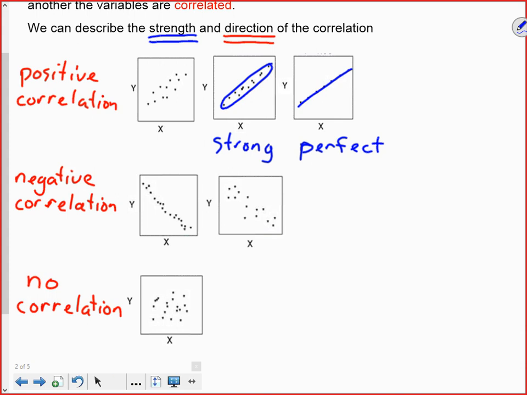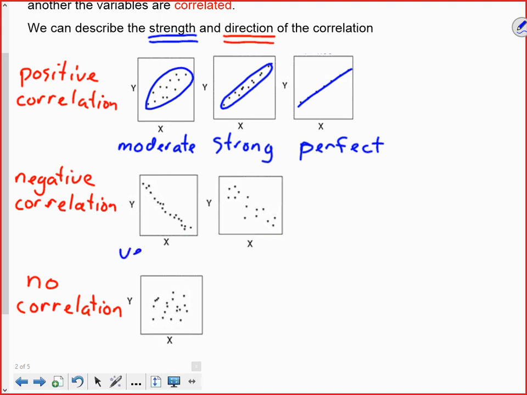Whereas in the one to the left of that, if we put an oval around all of these data points to illustrate the trend, that oval is getting a little bit wider. This one might be a moderately strong correlation. We can apply these words, moderate, strong, and of course, if I made that even bigger, we could say that there would be a weak correlation as well. We don't have an example of that here. If I look at our graphs for the negative correlations, the first one here on the left is even bigger than strong.